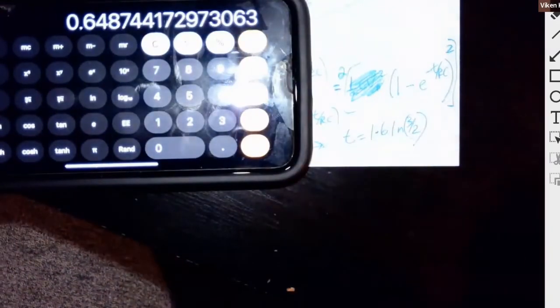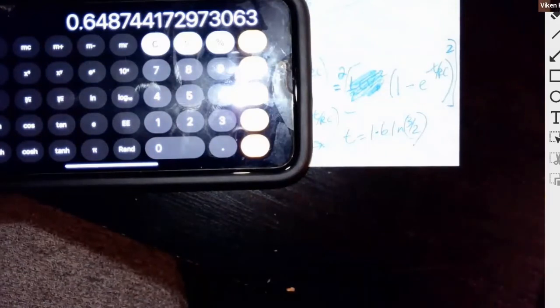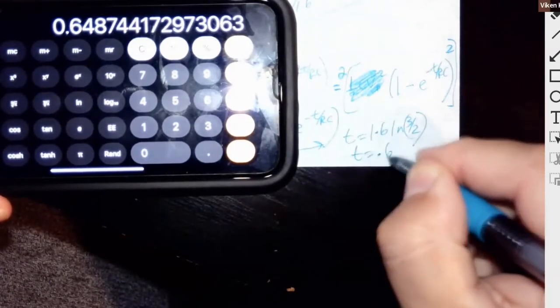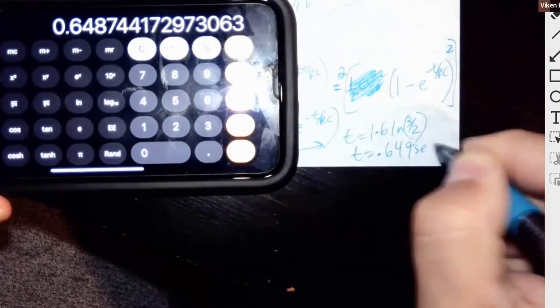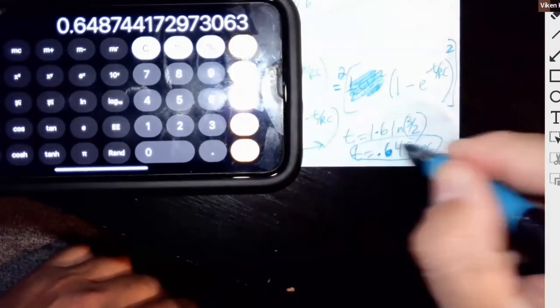0.64. T is equal to 0.649 seconds. Okay. And what was the last question?